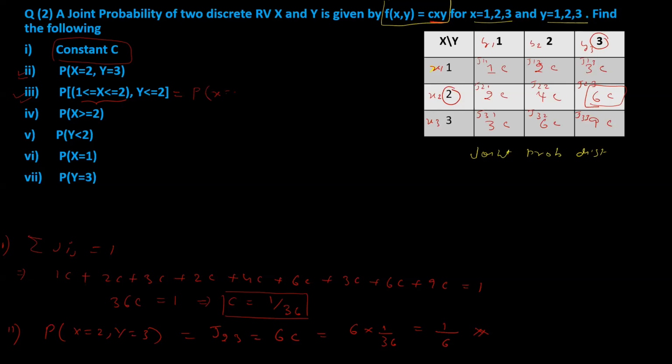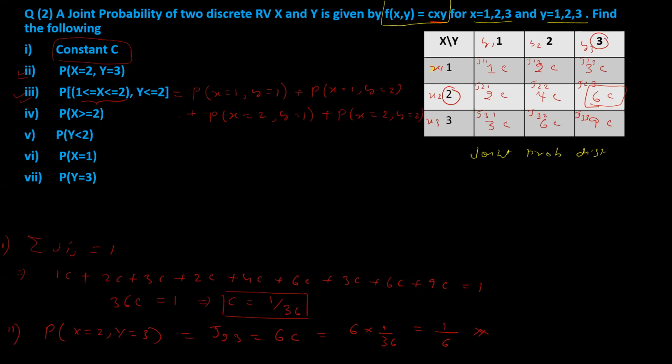So x can be 1 and y can be 1, plus x can be 1 and y can be 2, plus x can be 2 and y can be 1, and x can be 2 and y also can be 2.